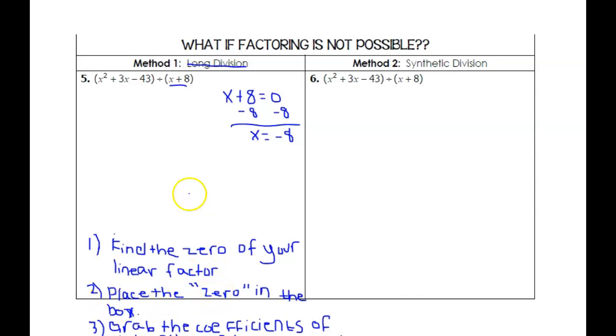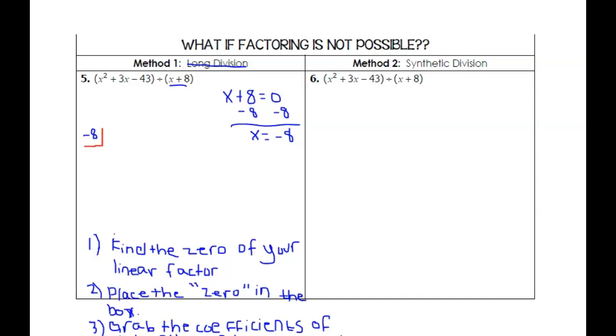Step number 2, place the zero in a box. I am going to draw a box, and I draw it like a backwards L. That's where I'm going to place my zero, which is negative 8. So my zero goes inside of my box.